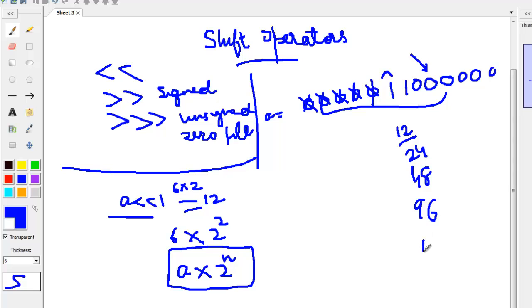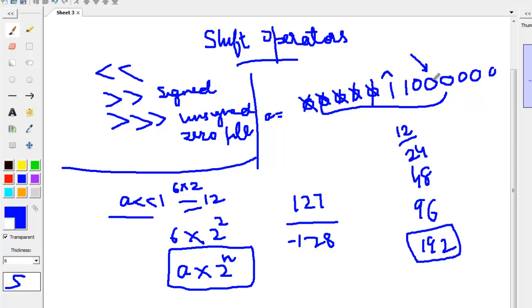So this becomes 192, and as you already know, the maximum value in case of byte on the positive side is 127. So this is expected because after 127 it starts in the reverse order from minus 128, then minus 127. So 192 is not a number which is possible in byte. So this number will now become a negative number.